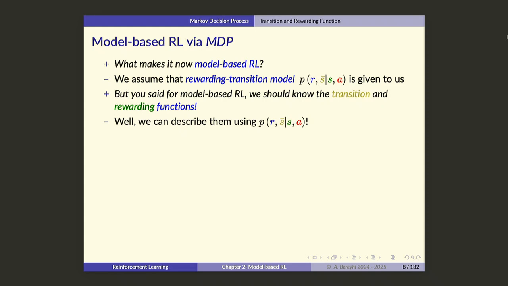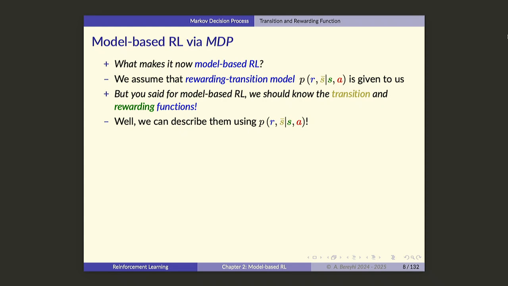But now you're representing things with one joint conditional distribution, right? So you're talking about R and S bar, the next reward and the next state given the current state and A, but we expected to have one separate transition for state and one separate transition for reward. I guess this is quite obvious for you, what you need to do in order to get there, right? What you need to do if you want to just know the transition, you don't care about the reward.